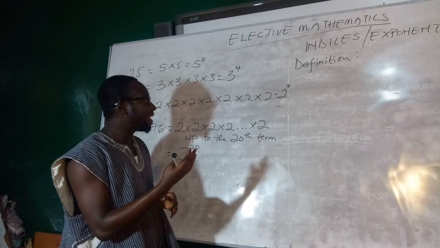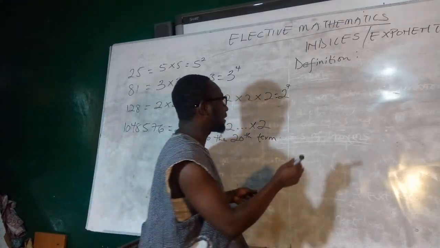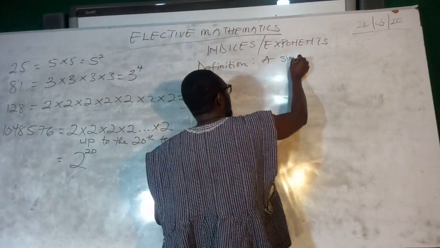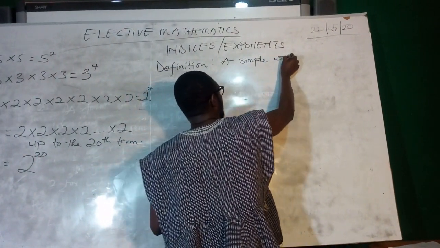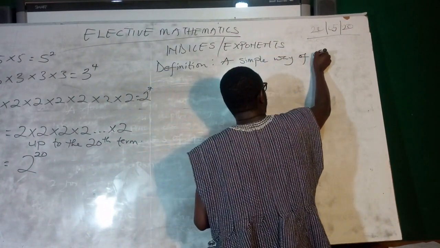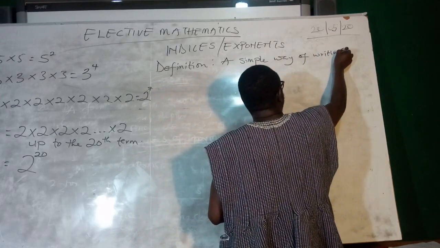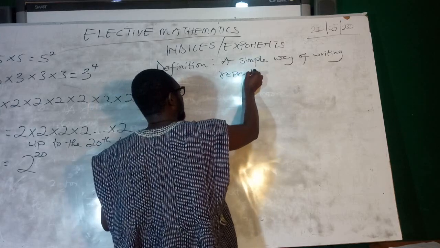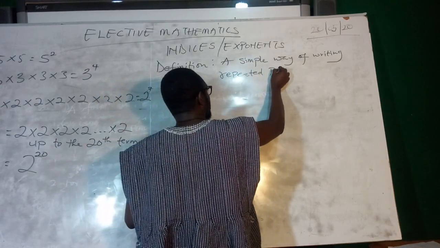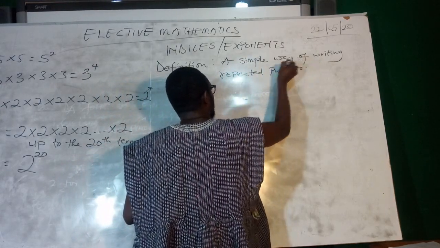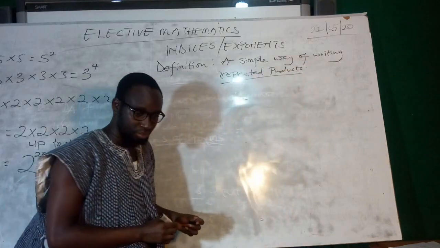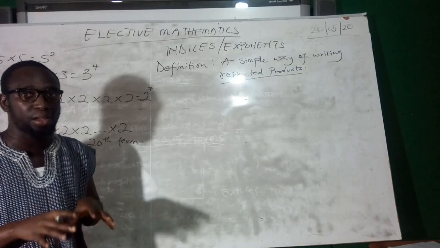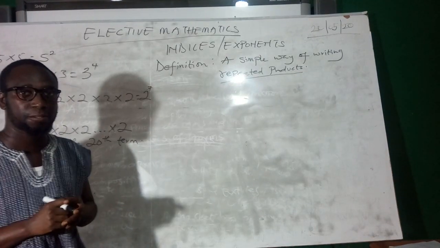So we define indices or exponents as a simple way of writing repeated products.